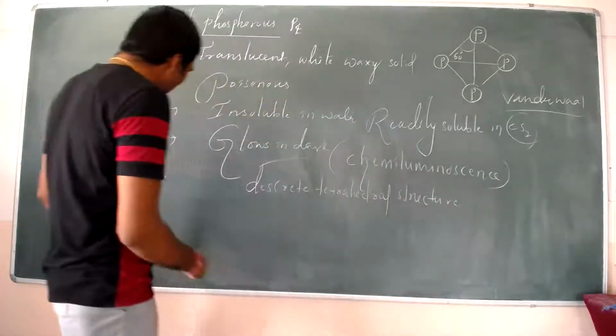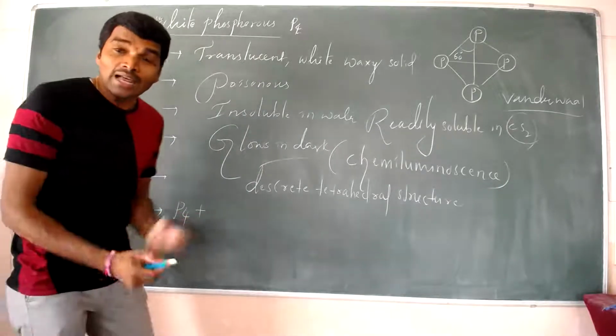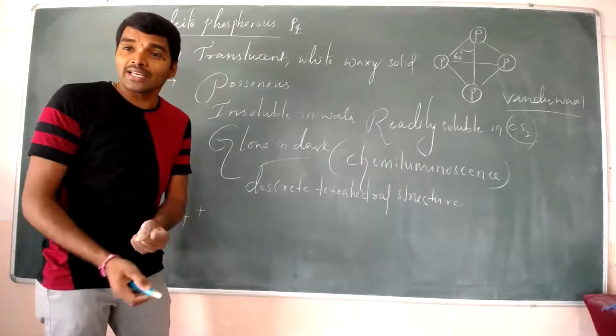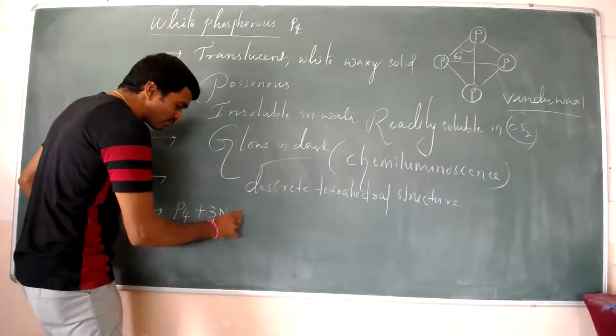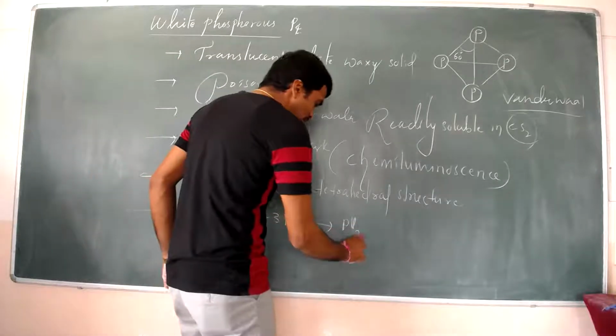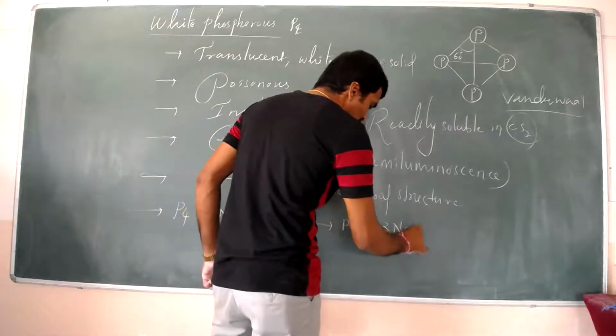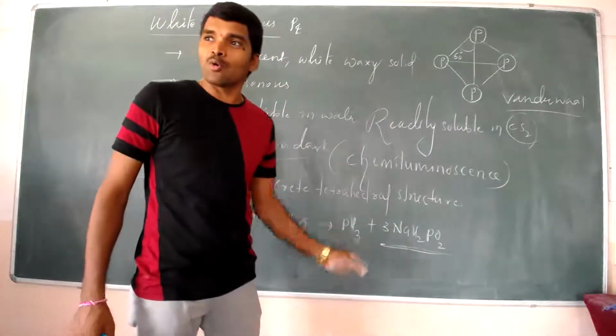White phosphorus in an aqueous alkali medium gives phosphine. Reaction with 3 moles of NaOH and 3 moles of water forms phosphine plus 3 moles of NaH2PO2, which is sodium hypophosphite.